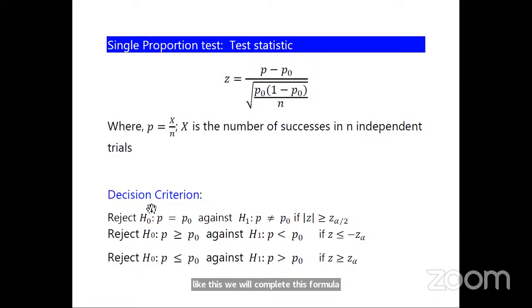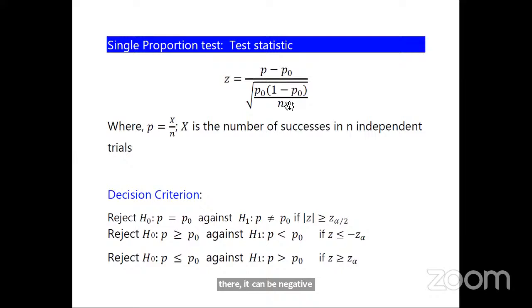Then the decision criteria. Again, it is important whether we will accept or reject our hypothesis. For that, we have to reject the null hypothesis if mod Z, whatever the value of Z is, it can be negative or positive.